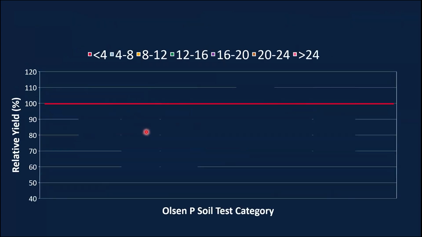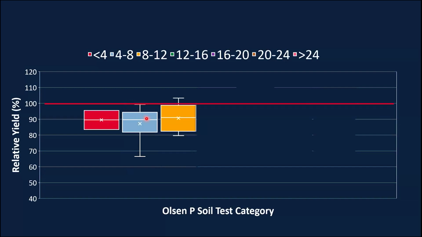Another way to look at this is to aggregate that data. These are box and whisker plots. I like them because the box is that 50% of our center data, the line is our median, the X is our mean. We want to follow where this starts to go up or hit that 100%. We see it starting similar, 4 to 8, 8 to 12, around 90%.